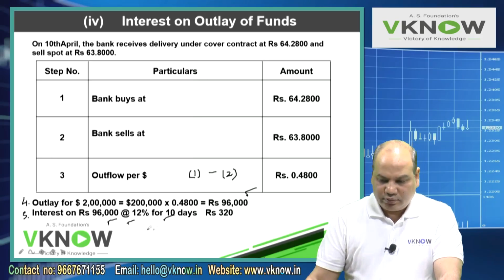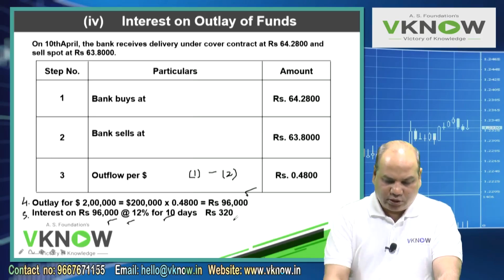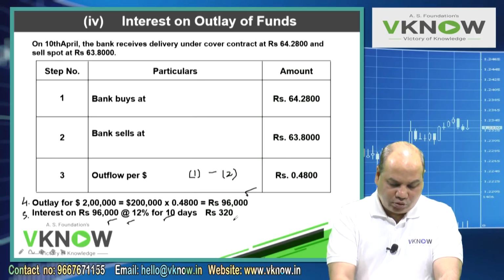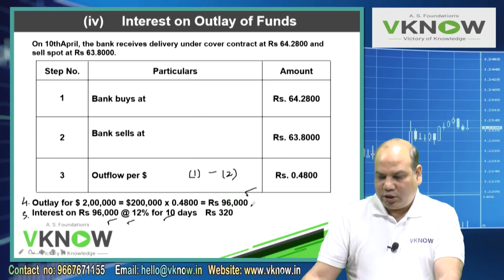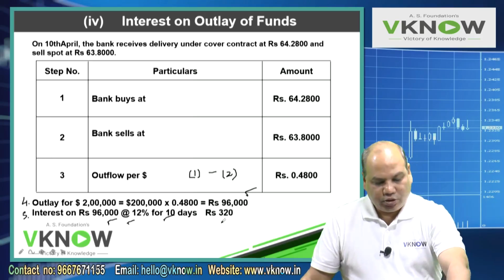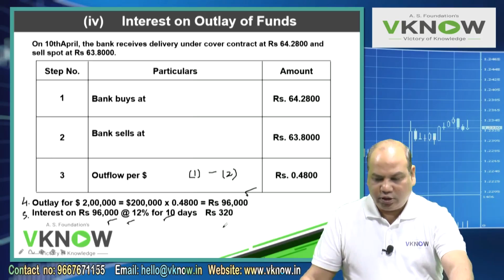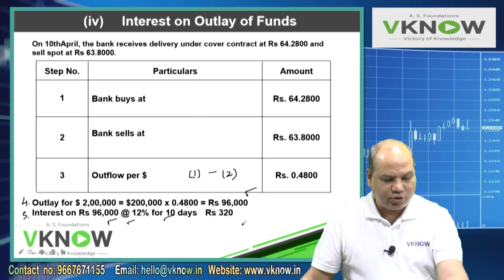So check the answer. It comes to approximately 320. 96,000 into 12% into 10 divided by 360, if I do, I get 320. But if I take 365, I get a little different answer. It seems the institute has taken 360 days for this calculation.